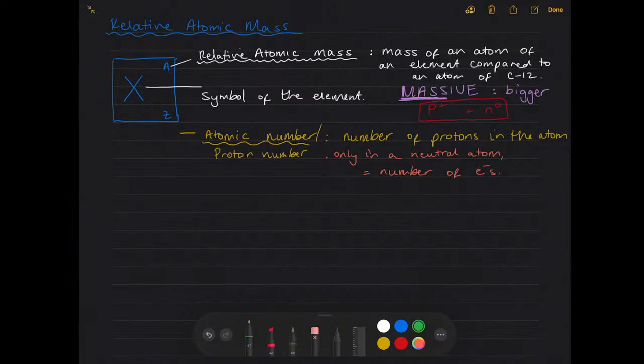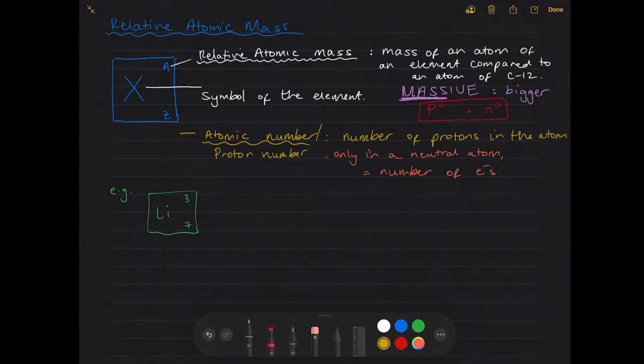Let's move straight into an example. So I'm going to take an example of lithium because lithium's quite nice. And you'll notice your periodic table has decimal numbers. I'm going to go ahead, just for argument's sake for the moment, and round them up or down. The two numbers you end up with are 3 and 7.